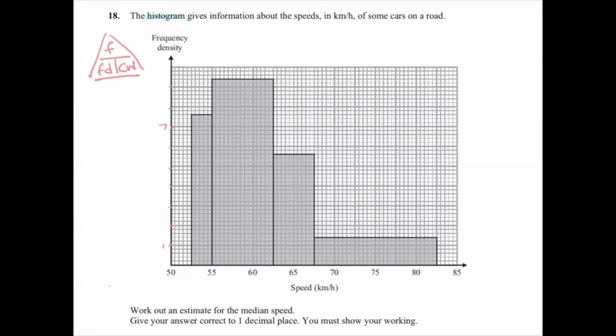As we've already said, the frequency is going to be the area. So I am going to be working out the height, and this one is 7.6. I am going to find the height of all of my bars, and I'm going to multiply it through by the width. So this one here is 2.5.